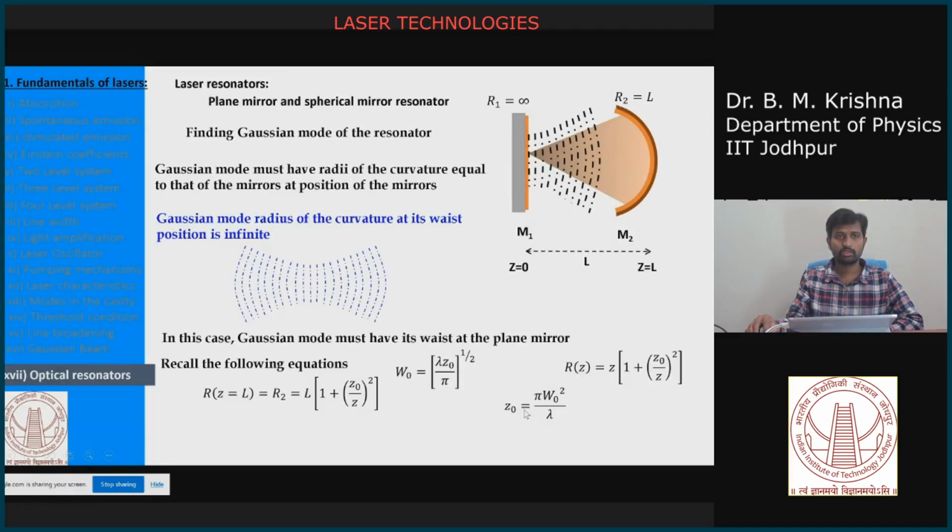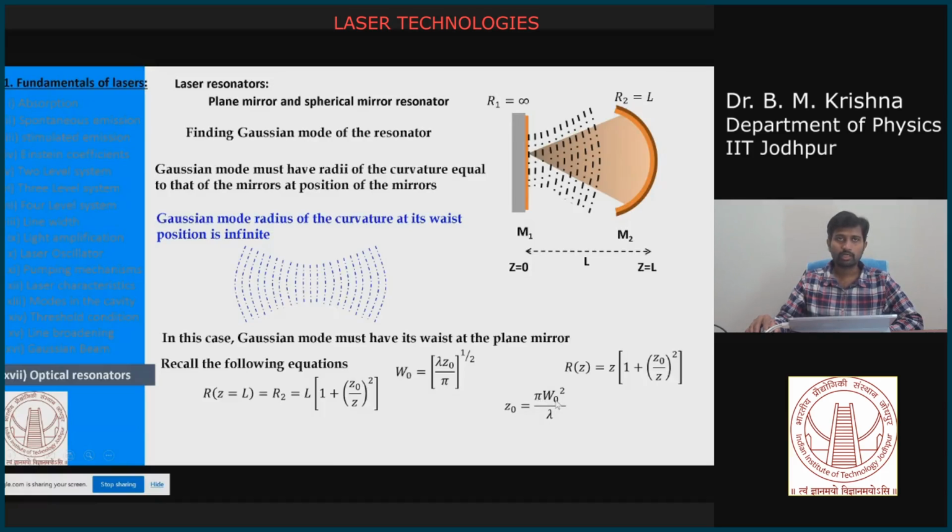Since lambda z naught by pi equals W naught square, z naught equals pi W naught square by lambda. So now I am going to substitute z naught. This is the way you generally calculate your Rayleigh range, because W naught you can find experimentally.